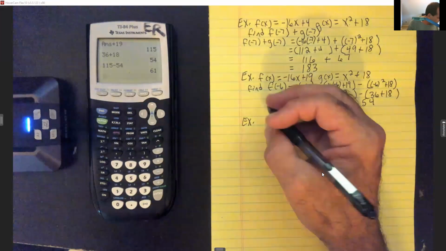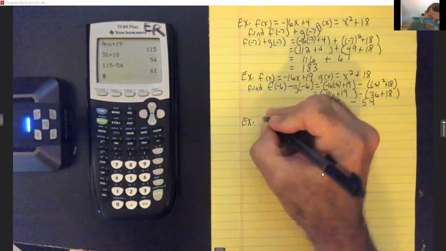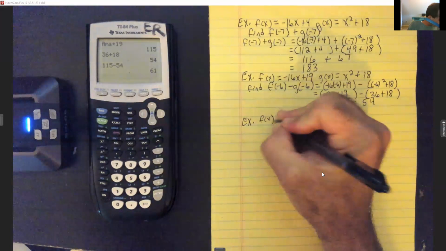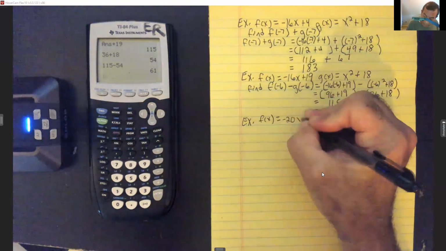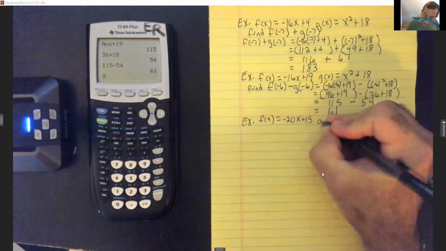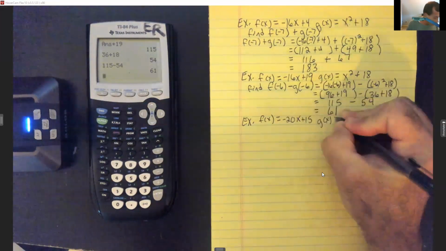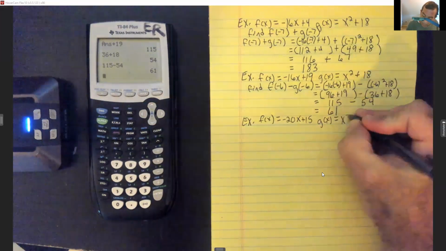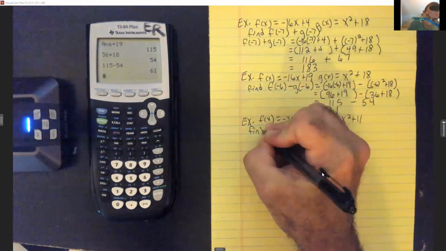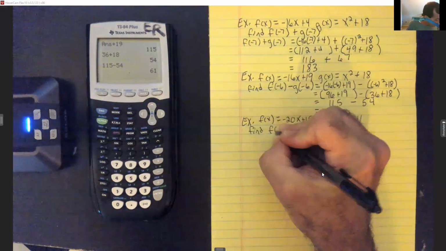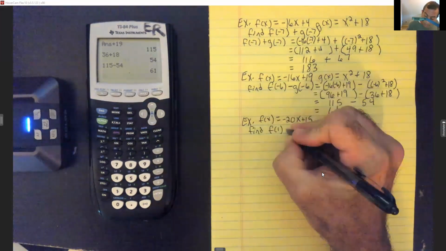All right, let's see. F of x equals negative 20x plus 15. G of x is going to equal x squared plus 11. I'm going to find f of 1 times g of 1.